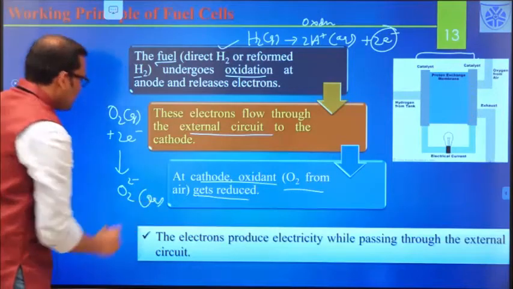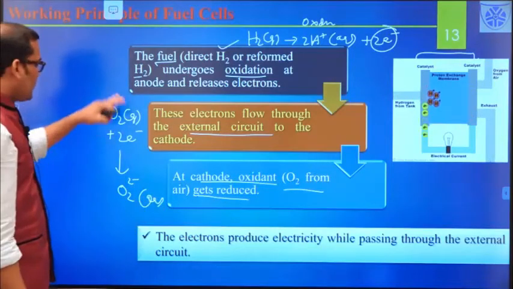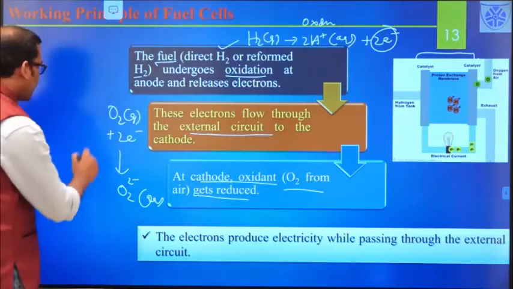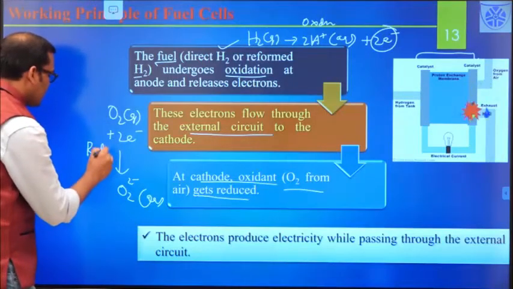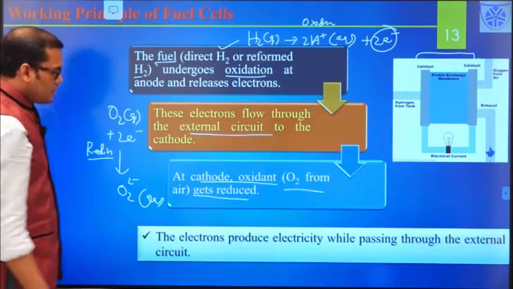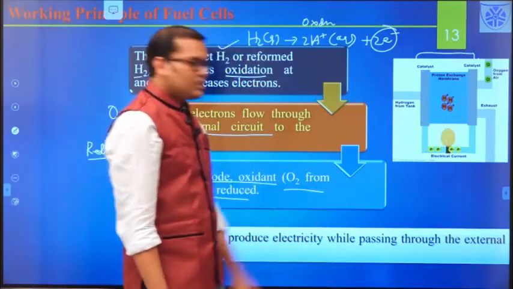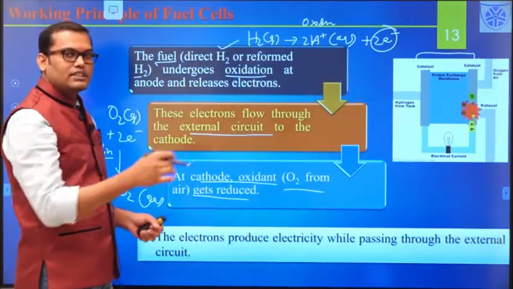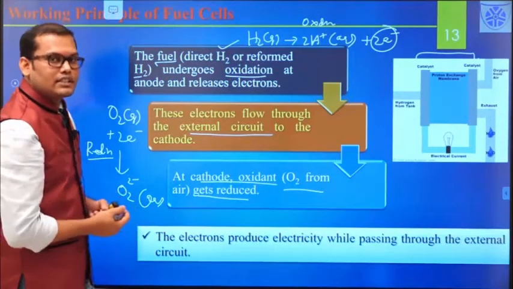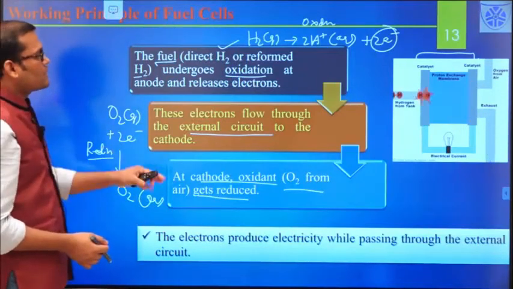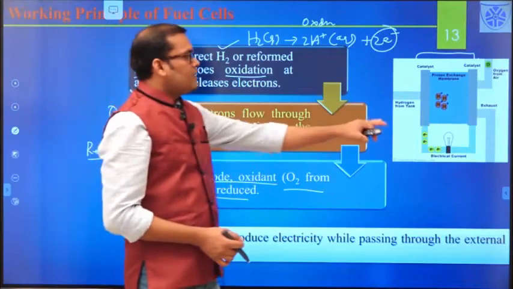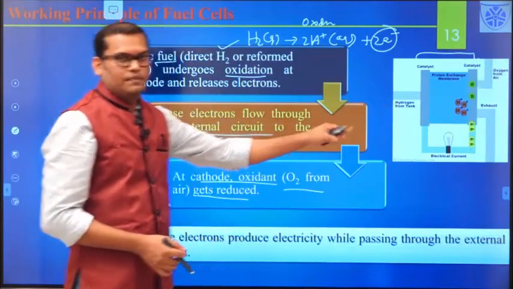That is the basic reaction which occurs at the cathode, the reduction process. Finally, the electrons produce the electricity while passing through the external circuit. So this is the basic working principle which occurs in any basic fuel cell.